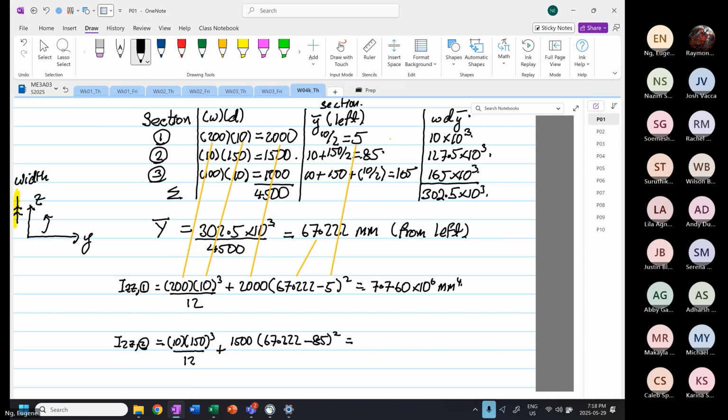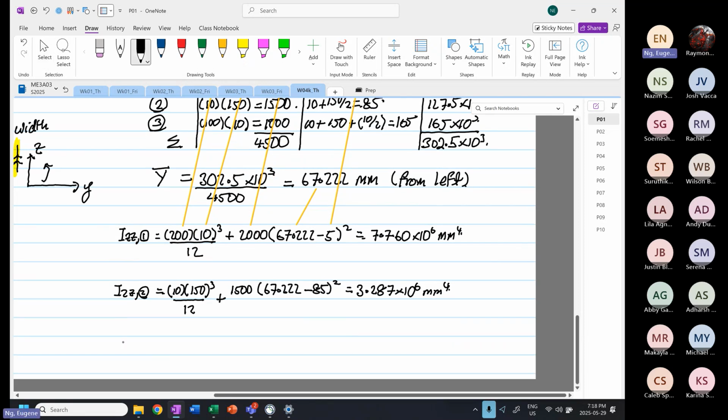So as I said, by using this method, you don't need to look at the diagram. You just focus on your table. So 3.287 times 10 to the power 6 millimeter 4.